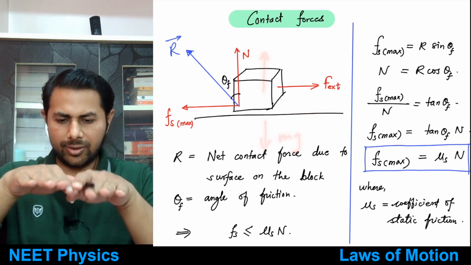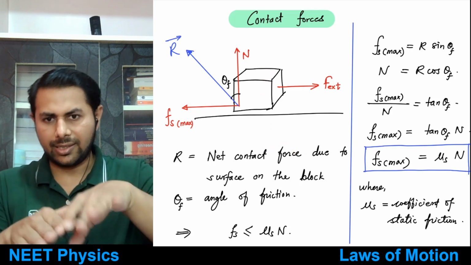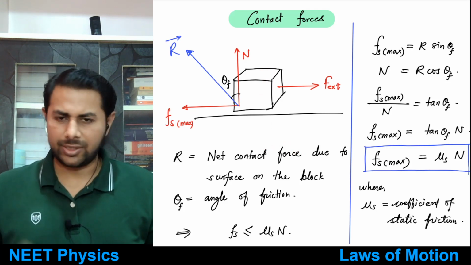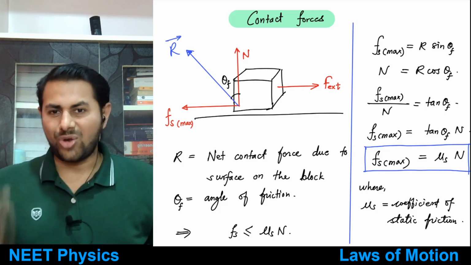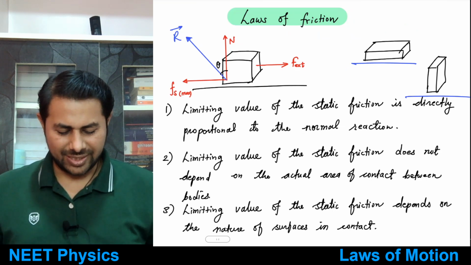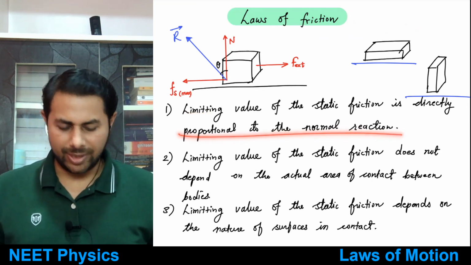But if the floor is tilted, inclined at some angle, then it will not be the same. Normal reaction is not always equal to mg. We'll see that. So the limiting value of static frictional force is proportional to the normal reaction.